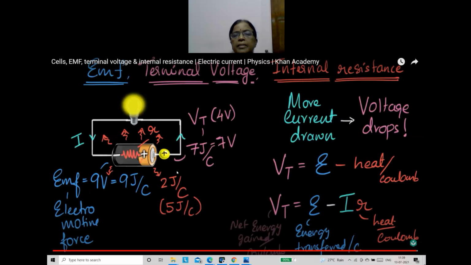Why is the voltage reduced? Adityan, can you tell? Aisha, why is the voltage reduced passing through the cell? When we connect a battery, the voltage is found to be less. Aisha, why? Basil?